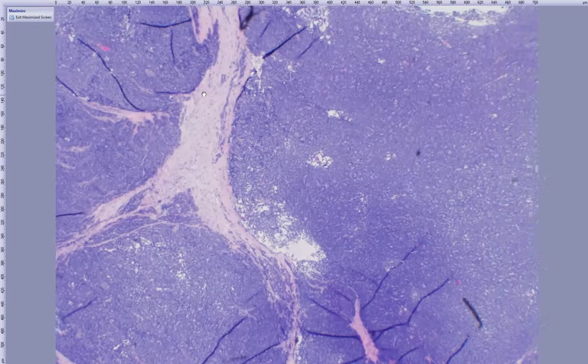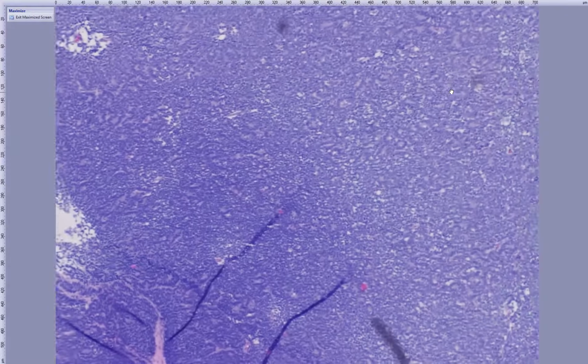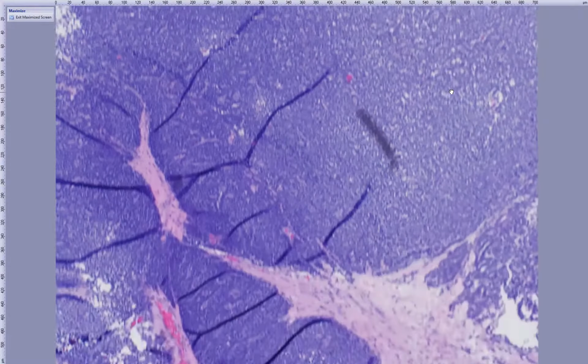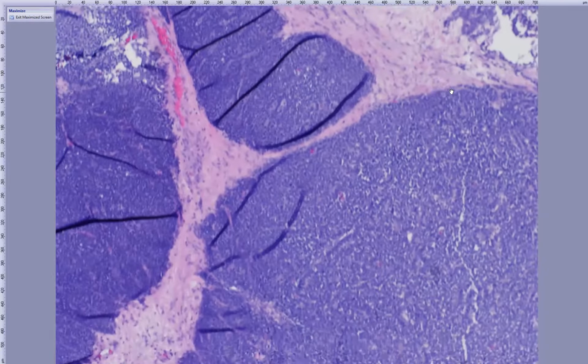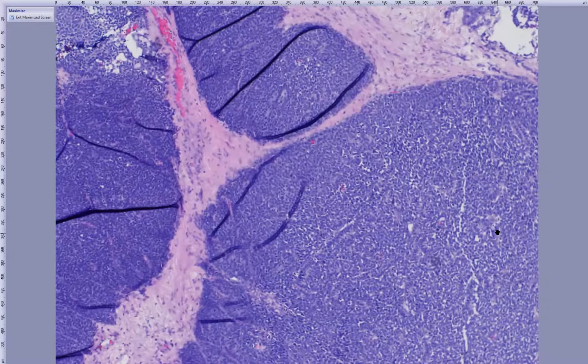So maybe over here, we might be getting a little bit of epithelial differentiation, almost kind of rosetting. Although here's a nice little rosette-form epithelial structure over here.